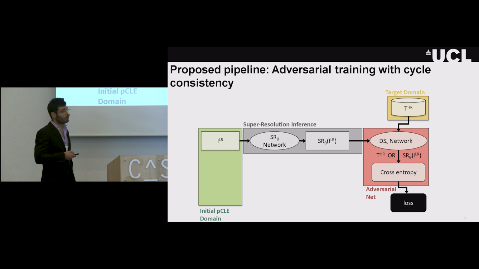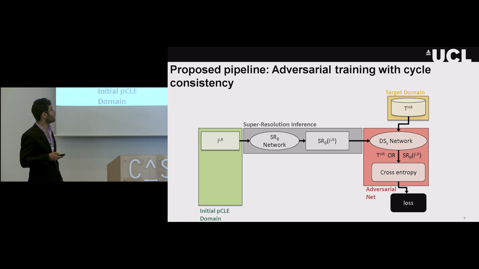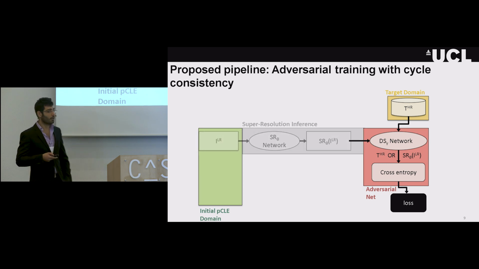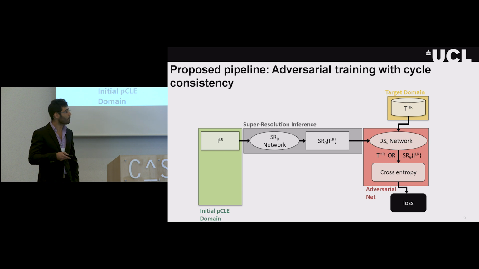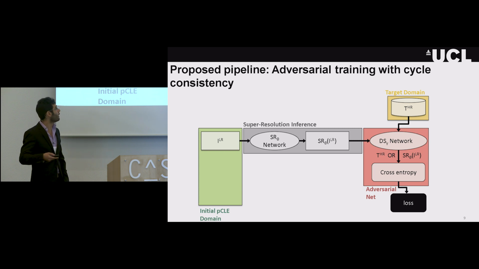In this slide, I'm going to show our pipeline, which is divided into different blocks, each coded with a different color. The pipeline is an extension of an adversarial network where two models are trained at the same time in a zero-sum game. The first model is a super resolution network that takes as input the low-res images and generates super resolved images.